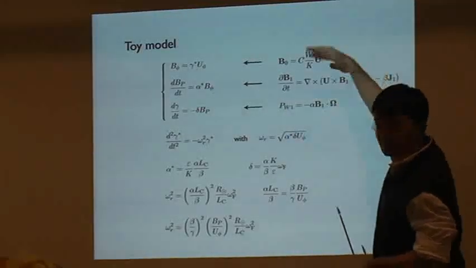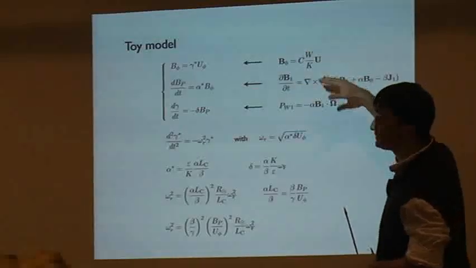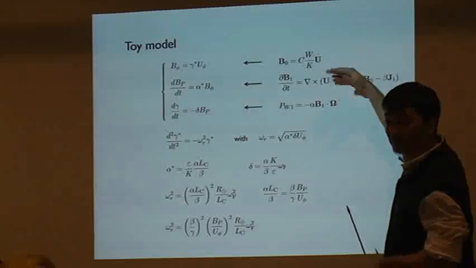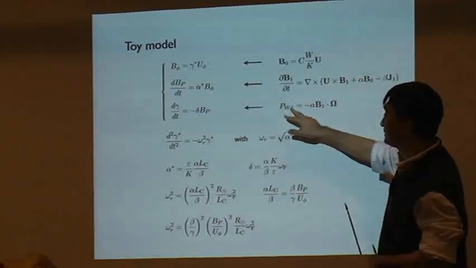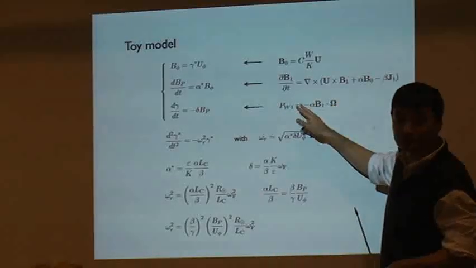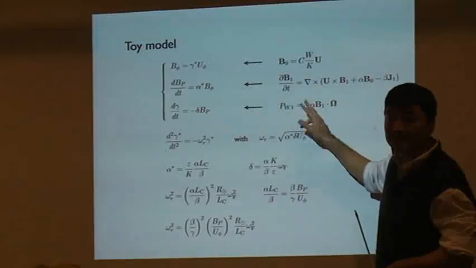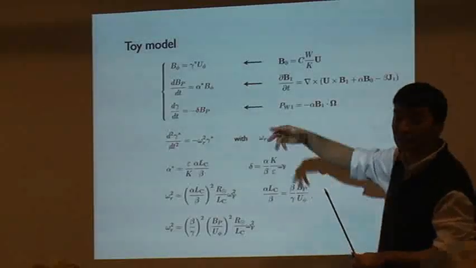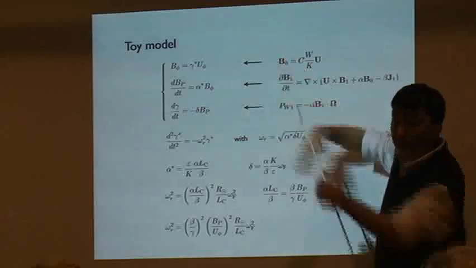First we consider positive cross helicity, but due to the toroidal field effect, negative cross helicity is generated. That's a factor to change the sign of the magnetic field system.